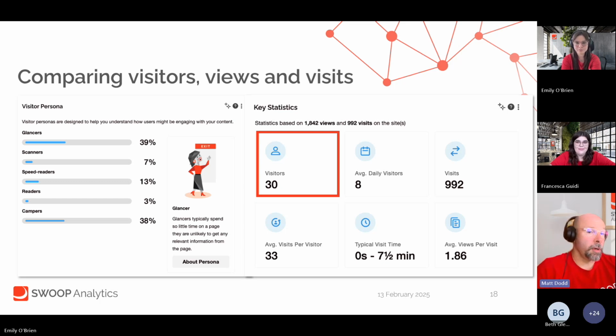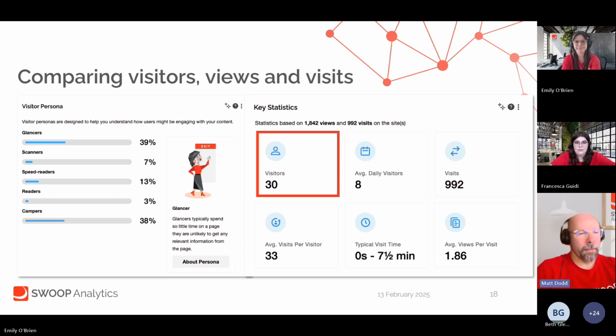It's also important when we look at the visitor persona, because the visitor persona is based on the time that they spend on a page. So again, it's not just that they're seeing the page, it's not just that they visited the page, it's whether that gives them enough time to complete the expected activity.